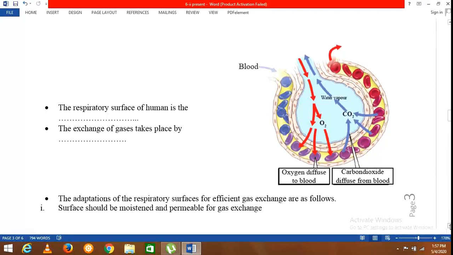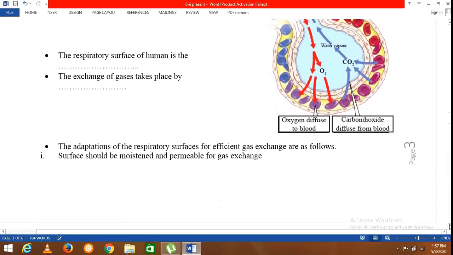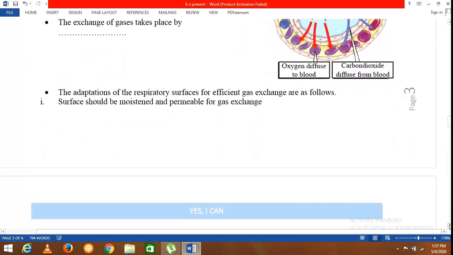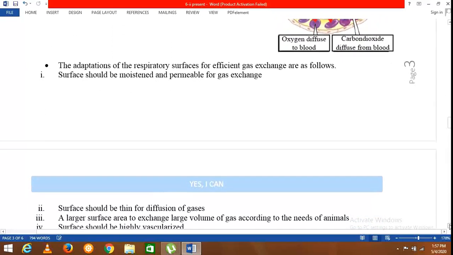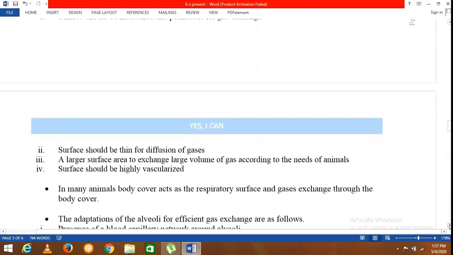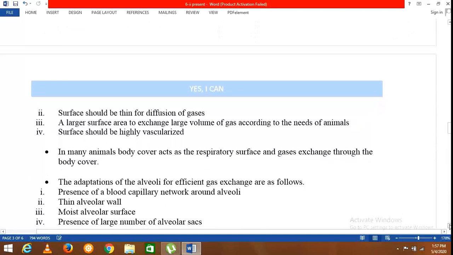So there are certain adaptations of the respiratory surface for efficient gas exchange. They are: the surface should be moistened and permeable for gas exchange. This permeability is obtained because of this single cell layer. Then the surface should be thin for diffusion of gases, and a large surface area should be there to exchange large volume of gas according to the need of animals.